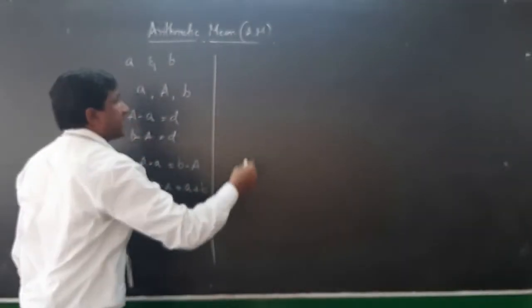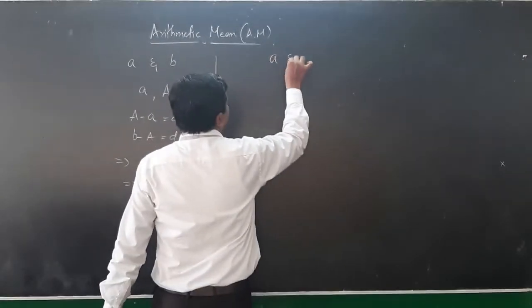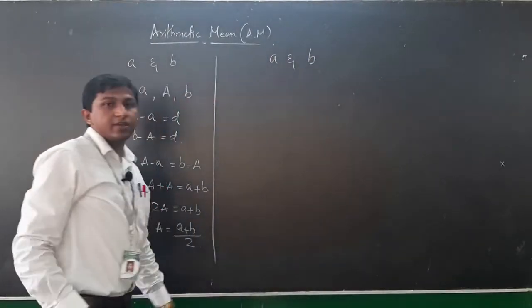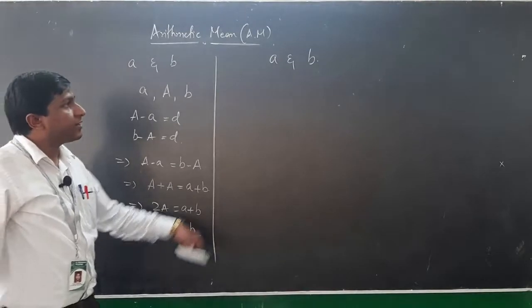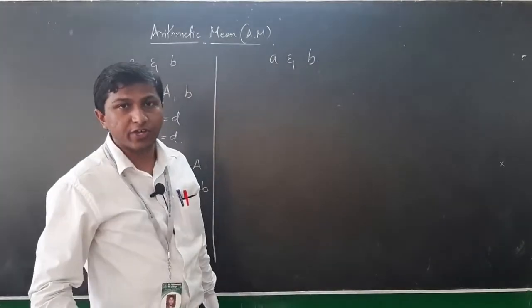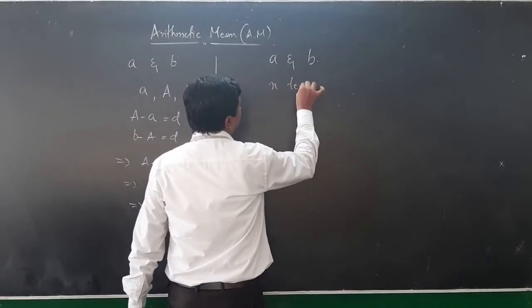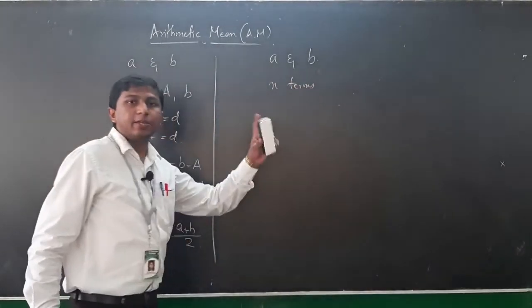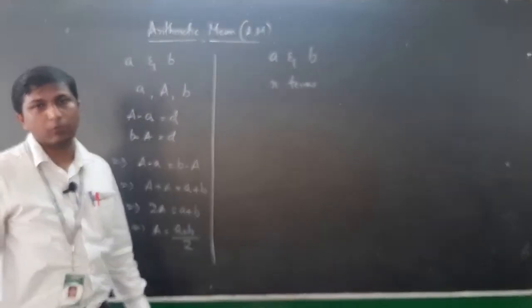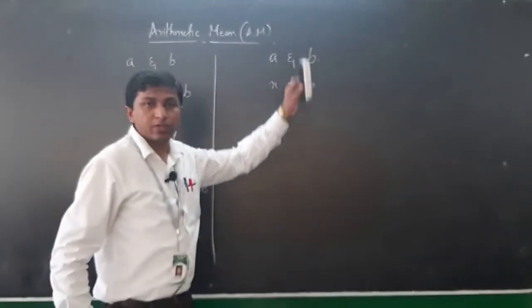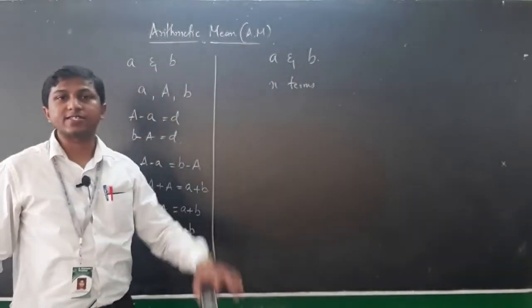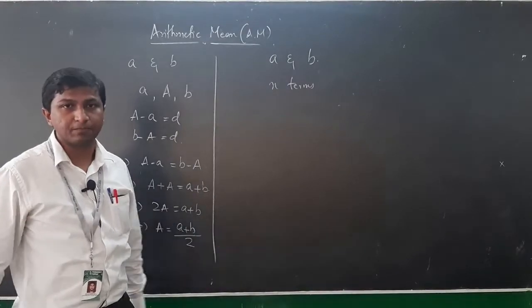Further moving on, say two numbers a and b are given to us, and we are asked to insert n terms, or n numbers, in between small a and small b, such that the resulting sequence is an AP.